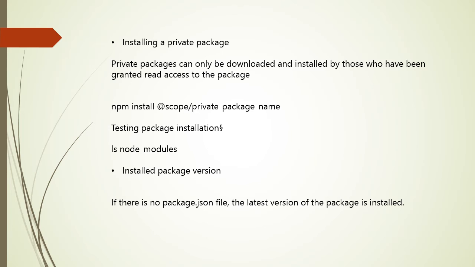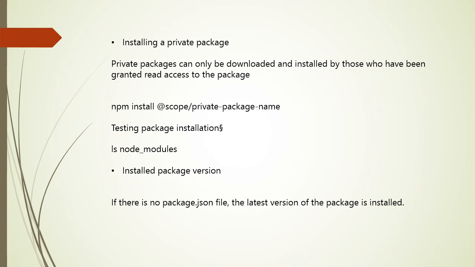Testing the package installation. To confirm that npm install worked correctly in your module directory, check that a node_modules directory exists and that it contains a directory for the package you installed. Install package version.